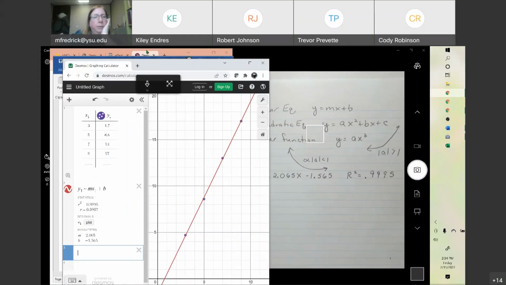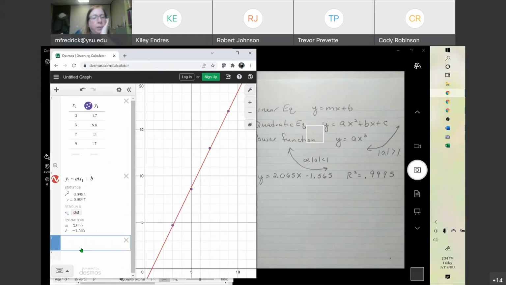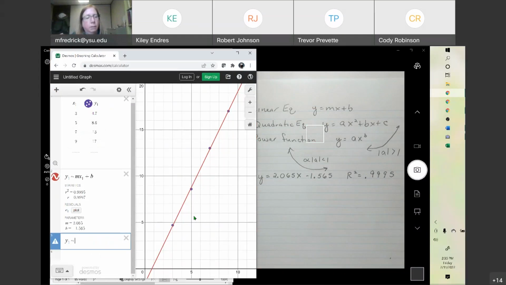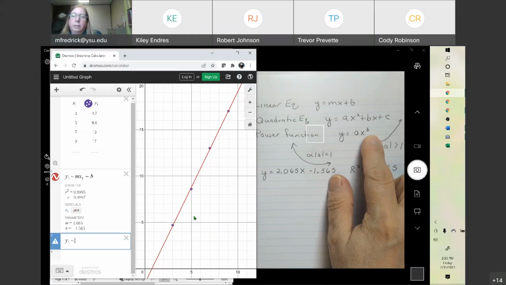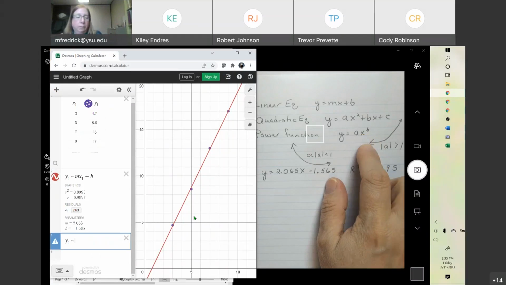Okay, so the power function. To do the power function, we do y1, and then on the top left, the little wavy line. Now a power function, ax to the b, and you'll have to put x1.